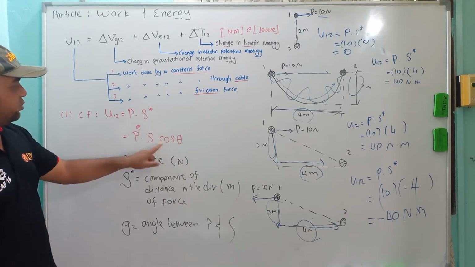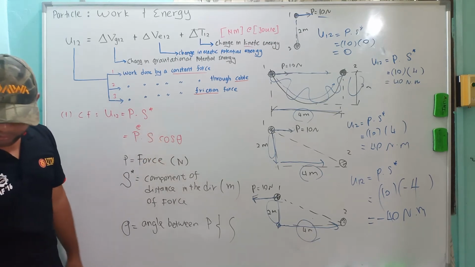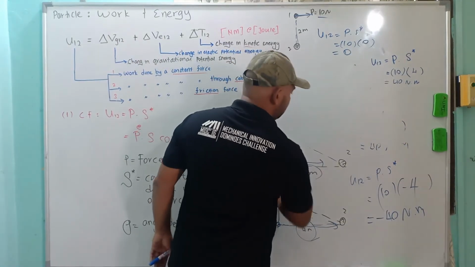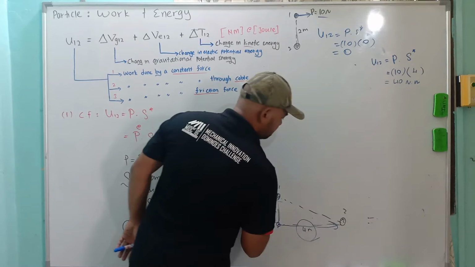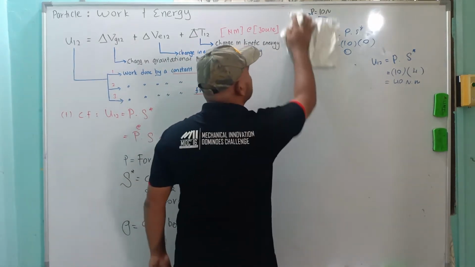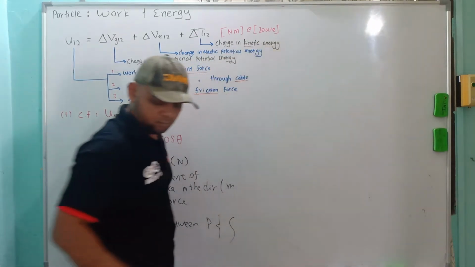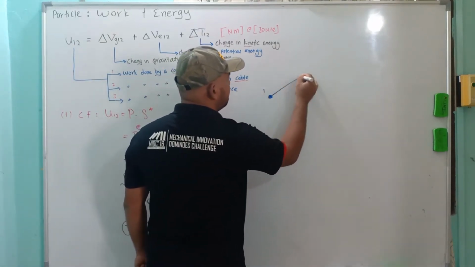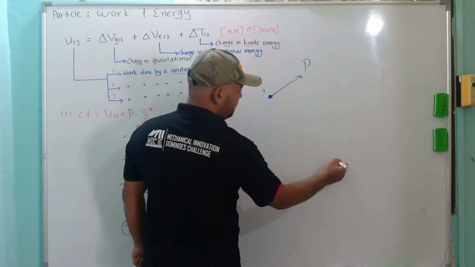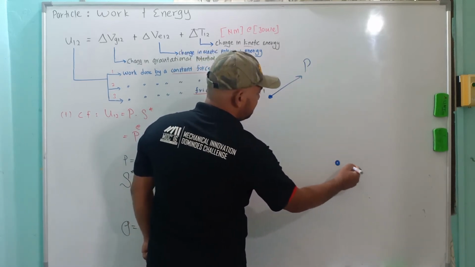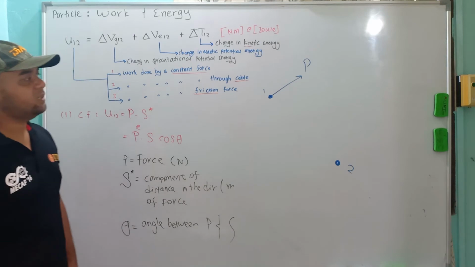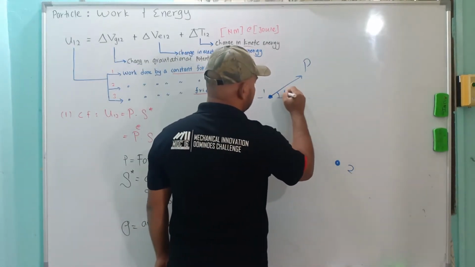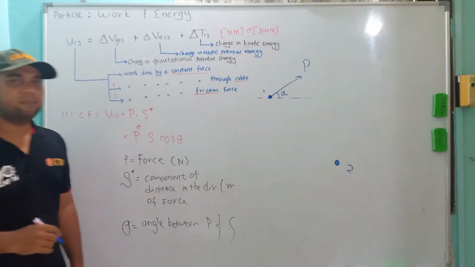When we want to use P S cos theta, the easier one, I'll give another example here. Let's say we have one force P at position 1, pushing in this direction, and position 2 is here. Let's say alpha is the angle of P here.